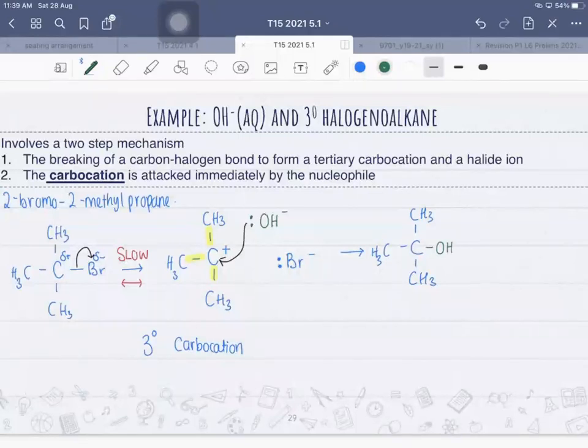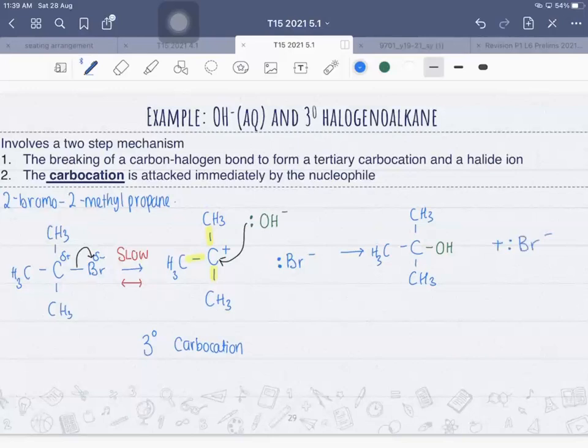So you see the product is still an alcohol, right? It's the same. You will still get an alcohol product, just like you would with SN2. The only thing that's different is the steps, the method. And your other product would of course be just the bromide ion.